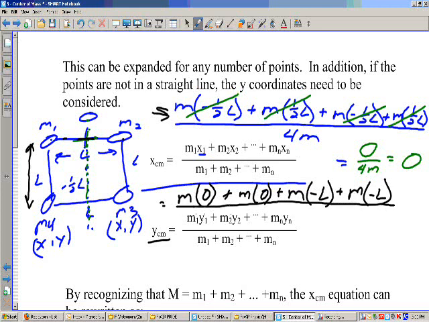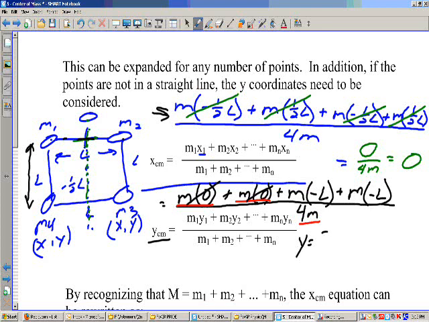This is over the total mass of my system, which as before was 4m. Even though these two masses work out to 0, I include them in the denominator as the total mass of my system. That's an important point. That's one thing I kind of screwed up on the other day. So that's 0, 0.